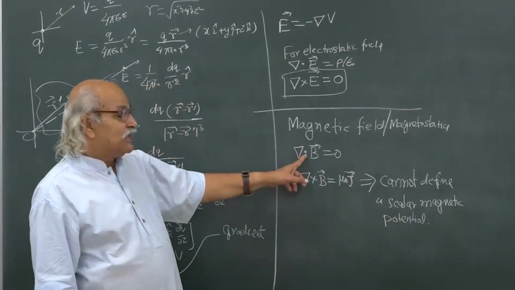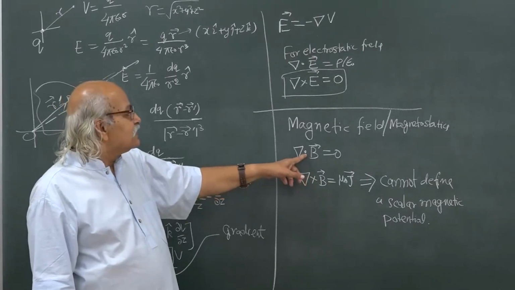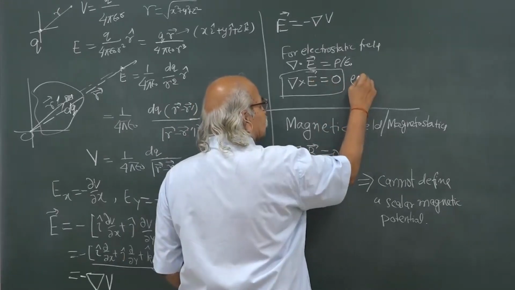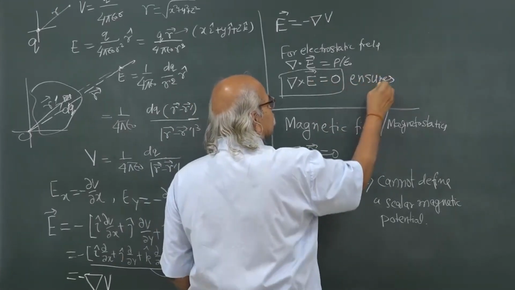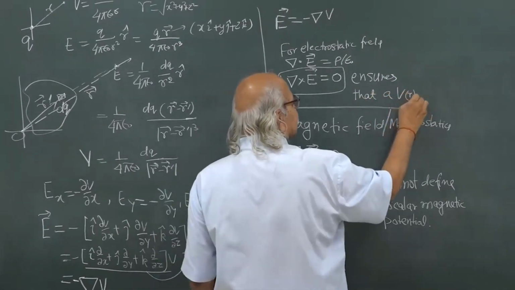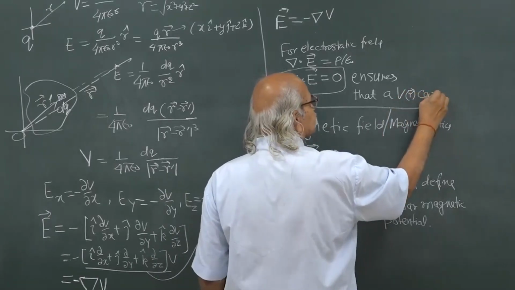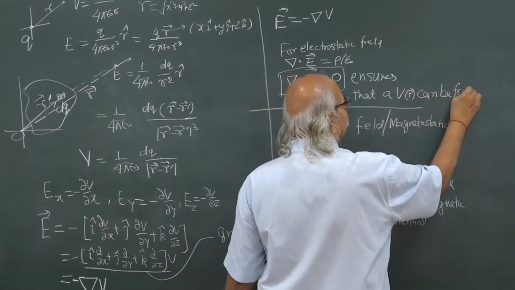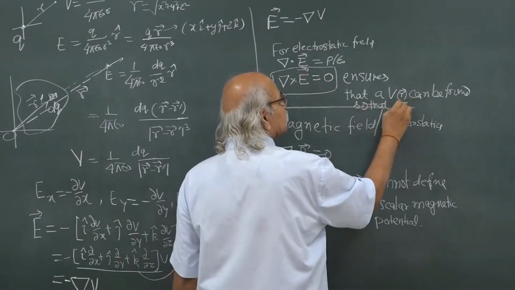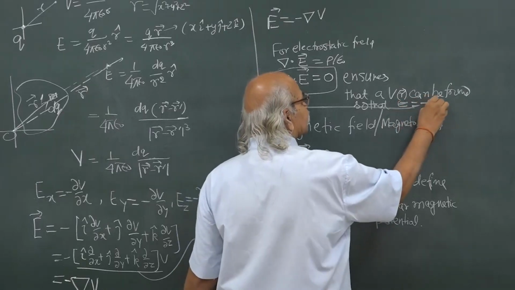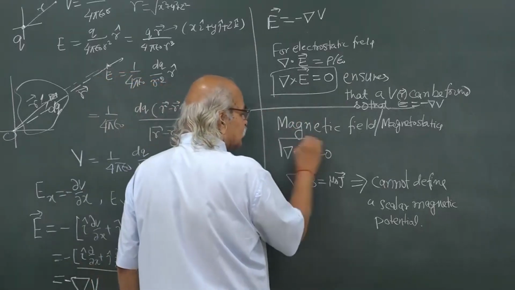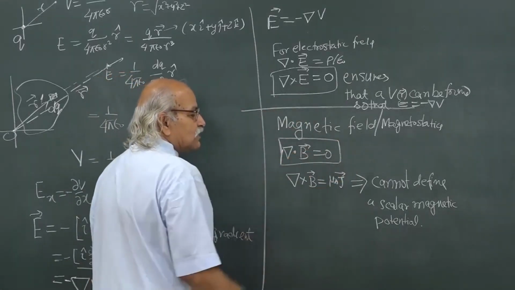But then divergence of B is 0. Just as, if curl of E is 0, this guarantees that a scalar function V can be found so that E is the gradient of that scalar function, now this divergence of B equal to 0 ensures something similar.